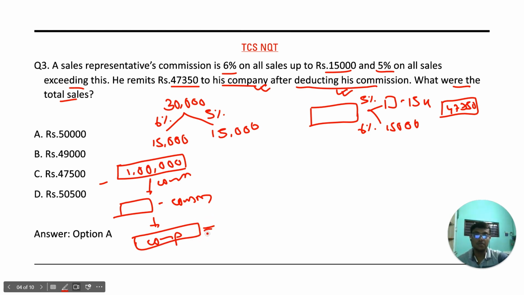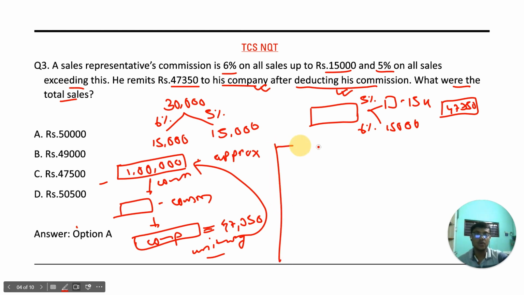This can be one process, and then this amount would be equated with the actual value, which is 47,350, and we can use the unitary method over it to get the unitary value and then multiply it with 1 lakh, or the arbitrary value that we take, to get the final result. So this would give us an approximate value. Then we have to see which value from the options is closest to the approximate value.